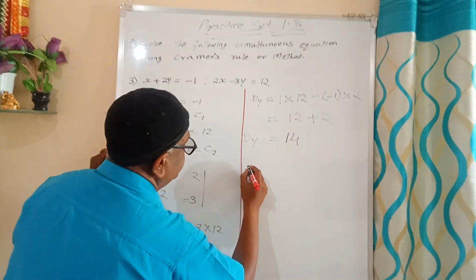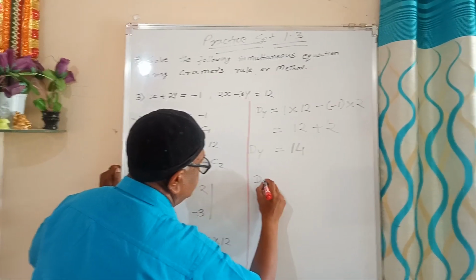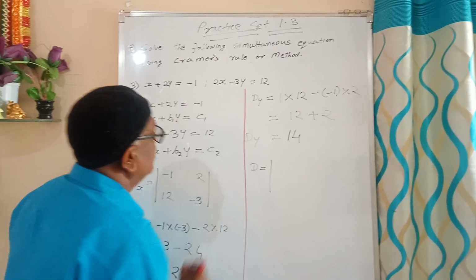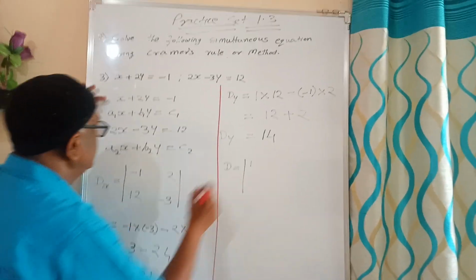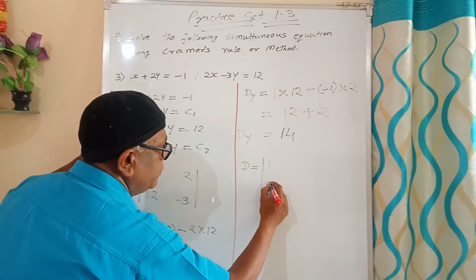Now find the value of D. Now close the constant terms. The coefficient of x is 1 and here 2.